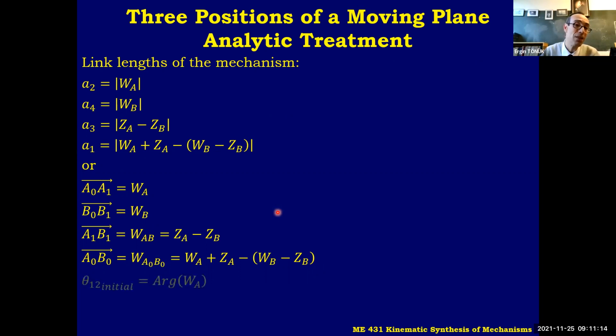And we can also determine the initial crank angles, which are the arguments of those complex numbers, okay? Because WA and WB are the two vectors from A0 to A and B0 to B. So that information is going to yield an alternative kinematic analysis, which we will discuss after our break.